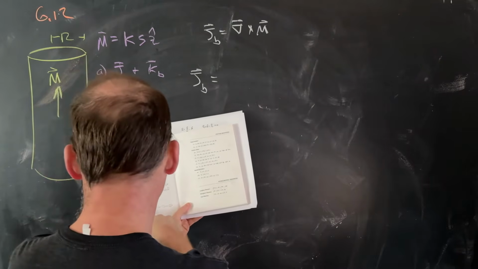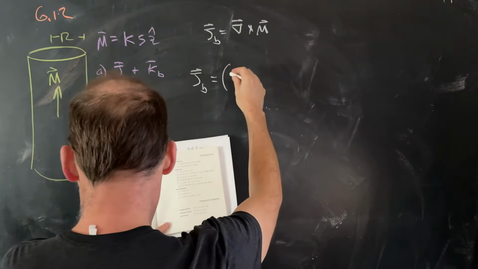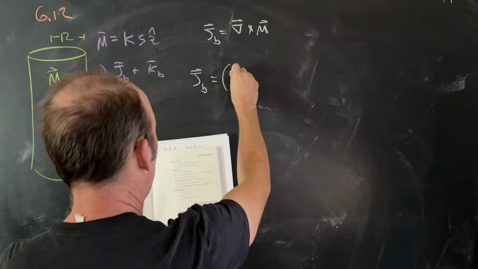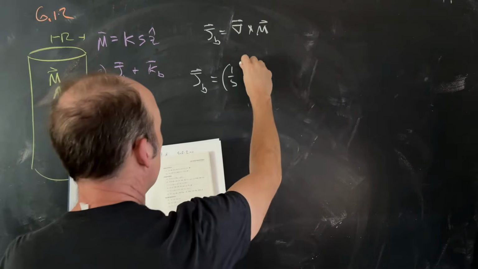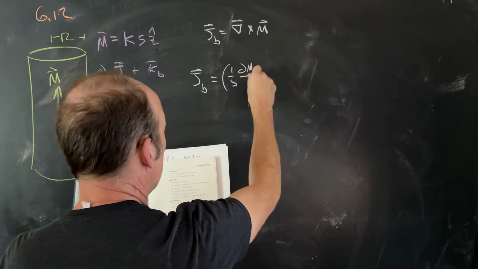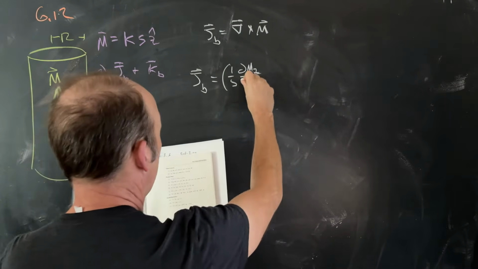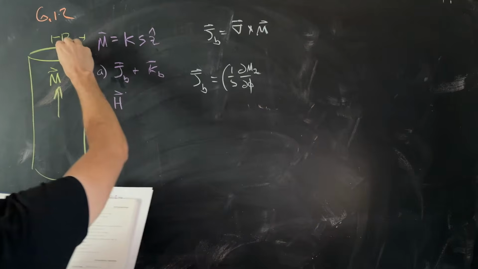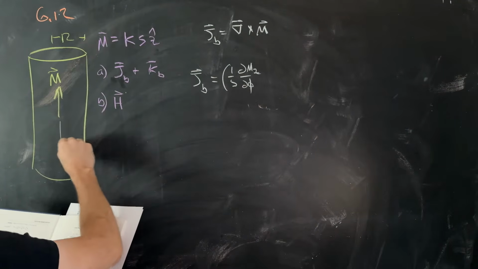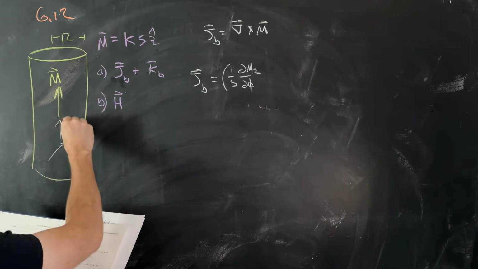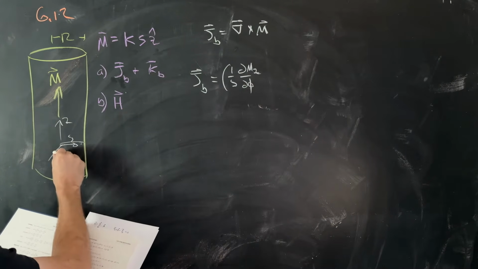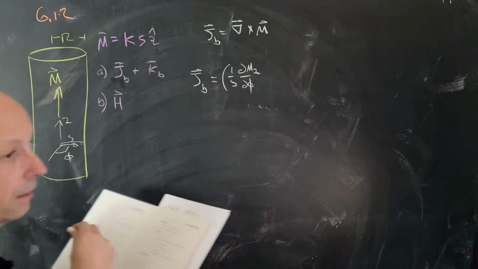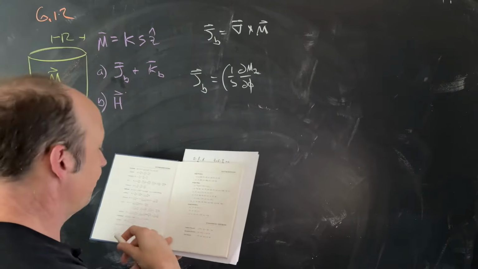The curl in cylindrical coordinates is going to be 1 over s, partial of m_z with respect to phi. Remember, we have the coordinates here. I'll draw my little coordinate system. That's z, this is going to be s, and the angle from the x-axis is phi right there.